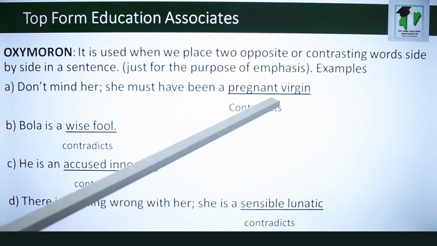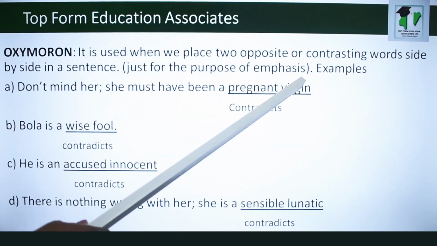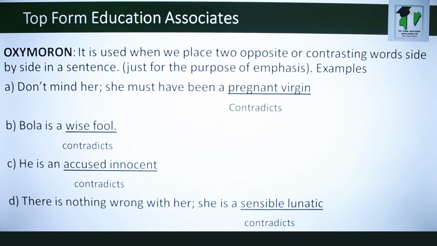How can somebody be pregnant and at the same time be a virgin? You find out that the two words are contrasting each other, placed as opposites. It's unacceptable. Somebody cannot be pregnant and at the same time be what? A virgin. It can't work.